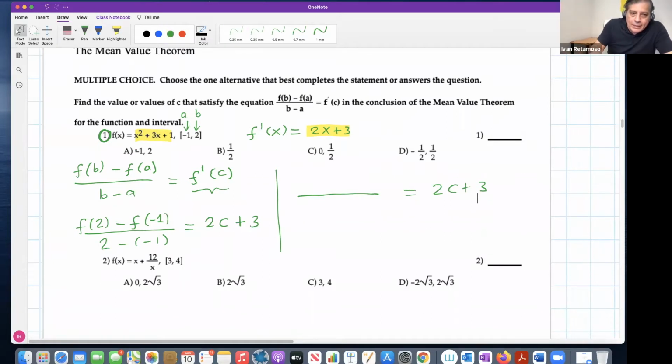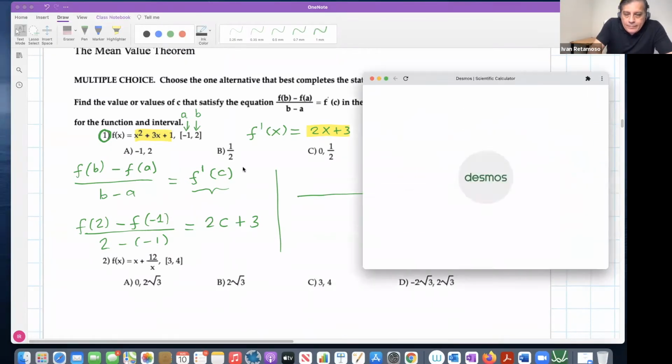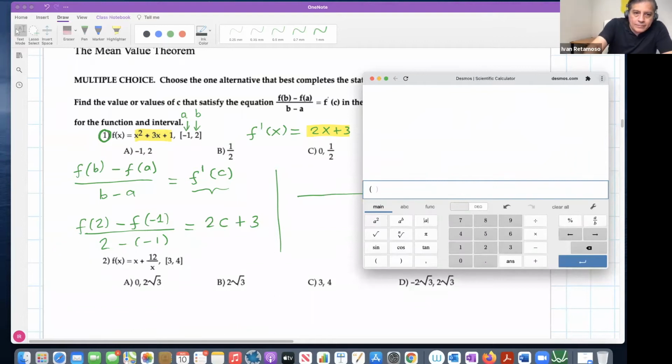Well, if you take the calculator, since we're working with this function, 2 squared plus 3 times 2. In case the numbers are not friendly, you may have to do it this way. Is this 11? Great, 11 goes here.